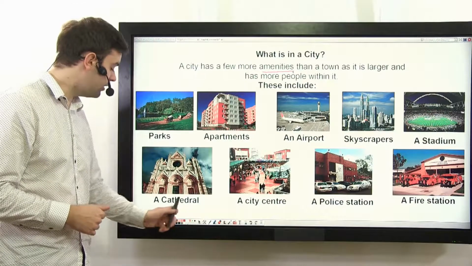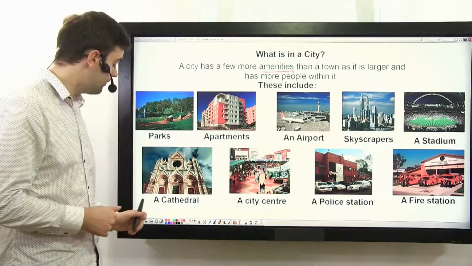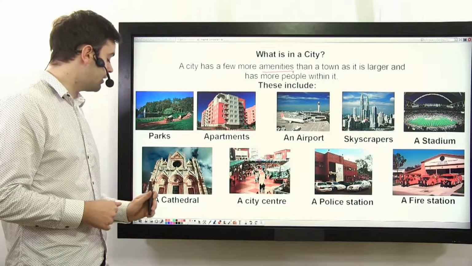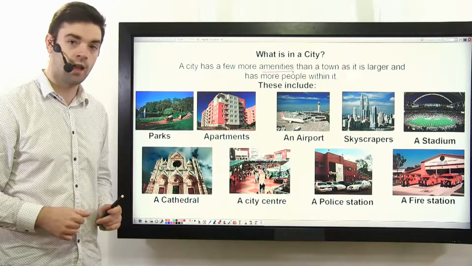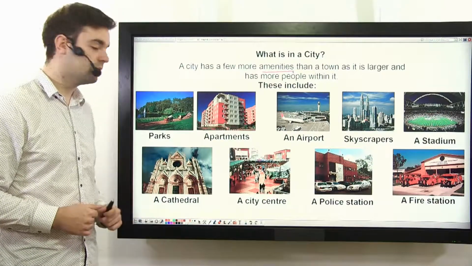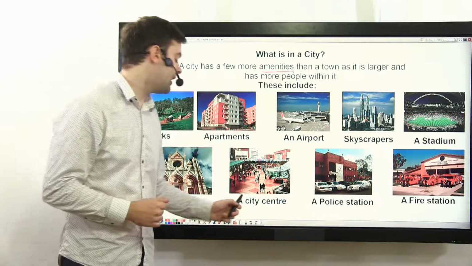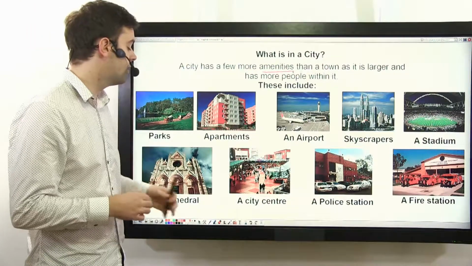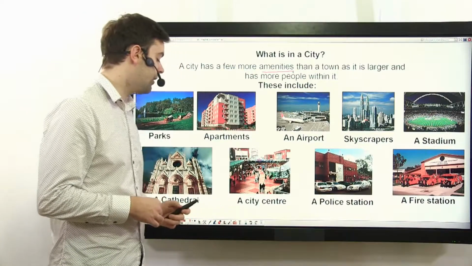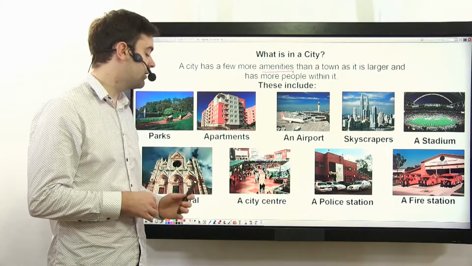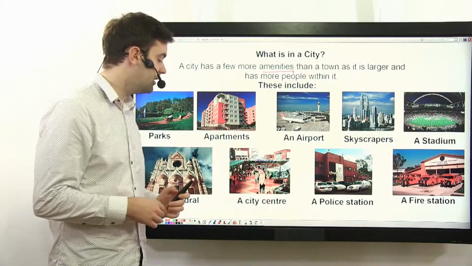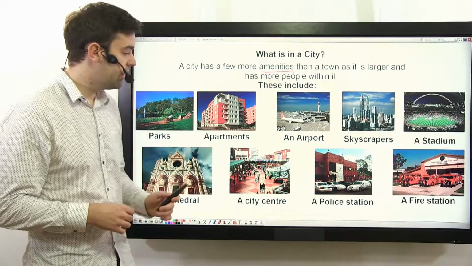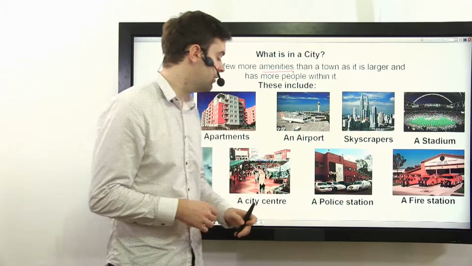There might be a cathedral. C-A-T-H-E-D-R-A-L. Cathedral. You might have a city centre. City centre. There might be a police station.